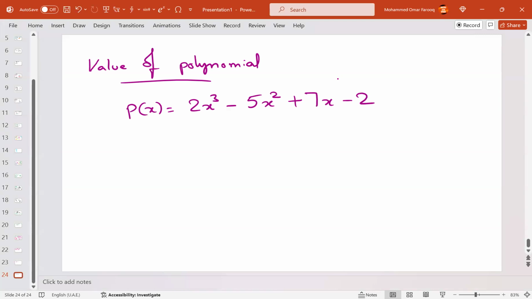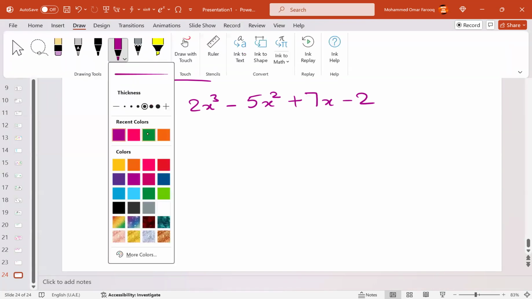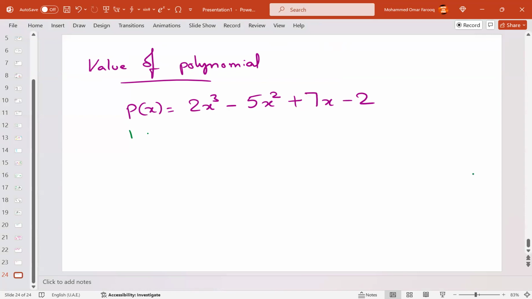Let us say this is a polynomial. Now, if somebody asks you to find the value of the polynomial for x is equal to 2 or x is equal to minus 3, what are you supposed to do? Let us find out the value for x is equal to 2 in the first case. So what is P of 2, my dear students?